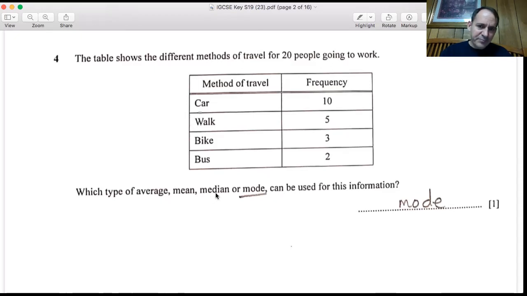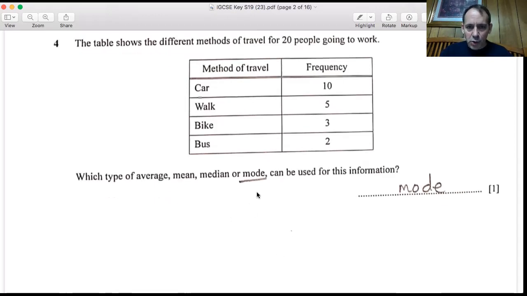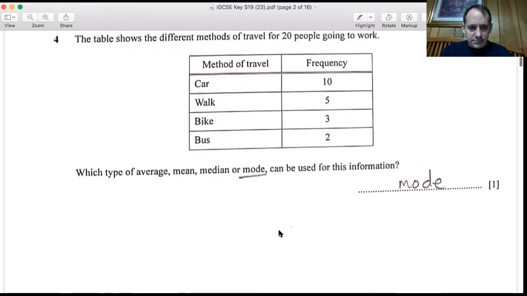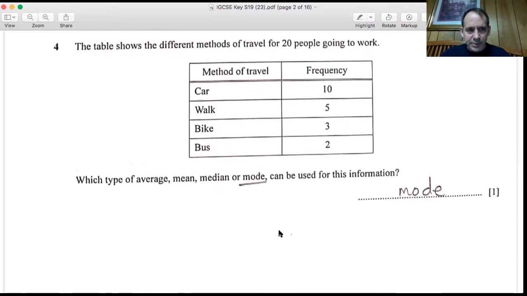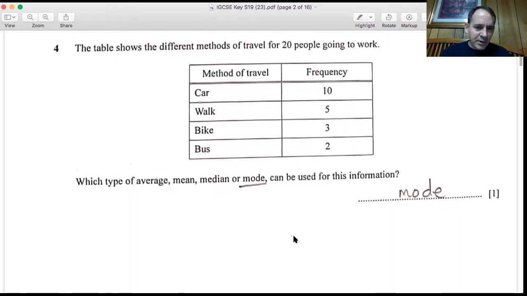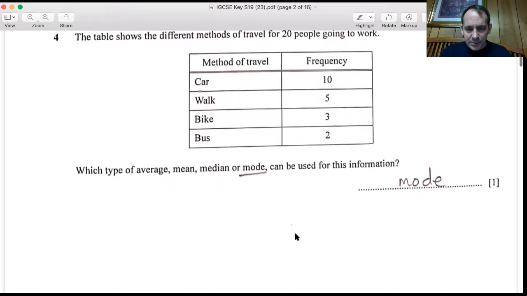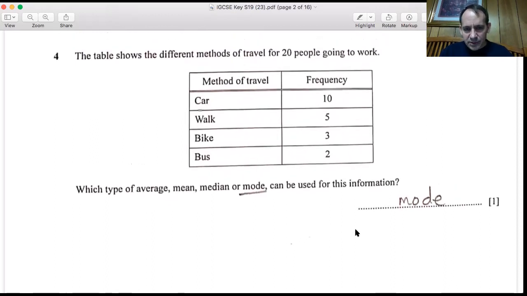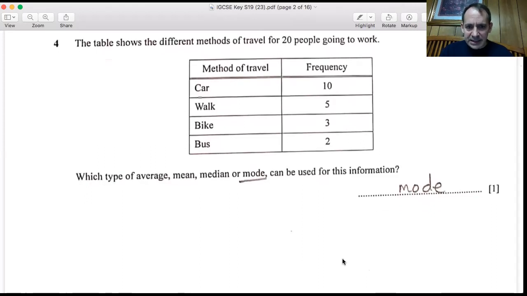The median or the mode? So in this case, the mode, the one that occurs the most often, would be better to use for this. And the mode would probably be the better representation of the data than the mean or the median.